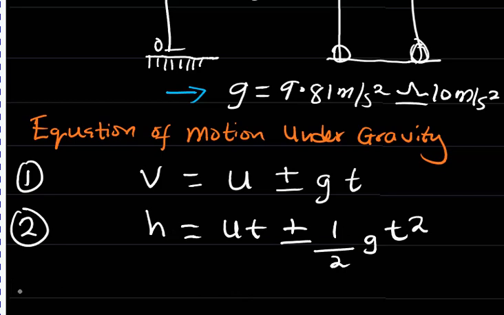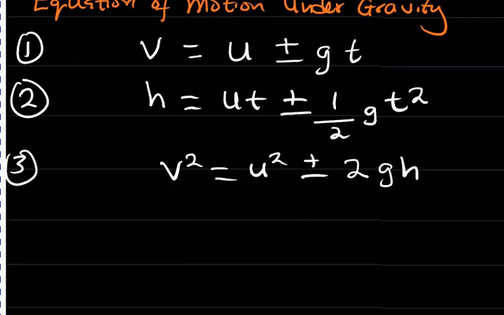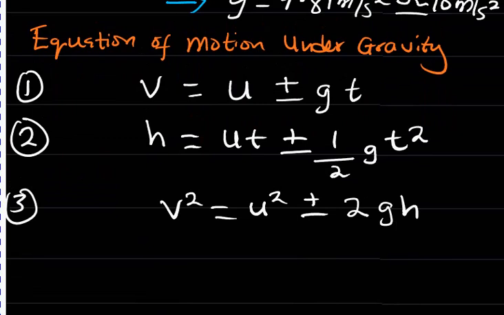Then for the third equation, we have v squared equal to u squared, still plus or minus, 2gh. So this is exactly the equation that we're going to use, in as much as the motion is free fall or motion under gravity.